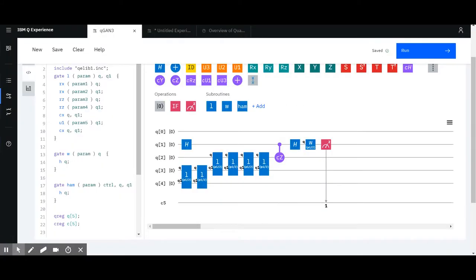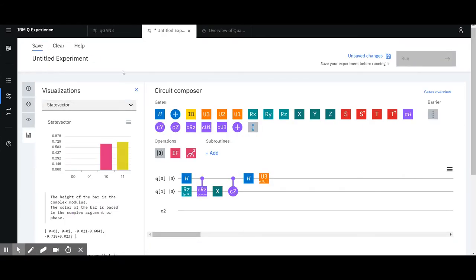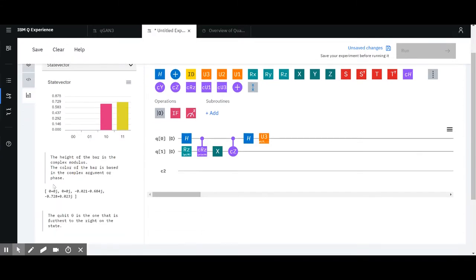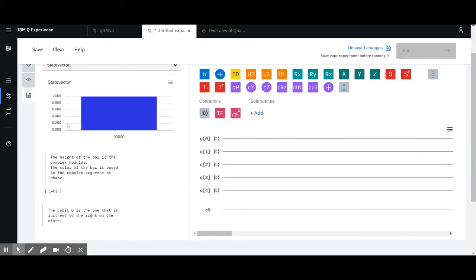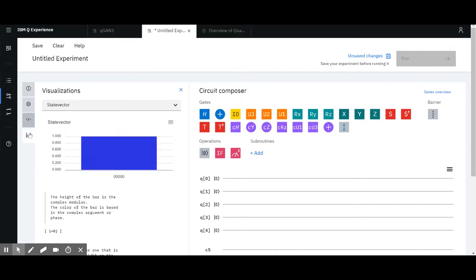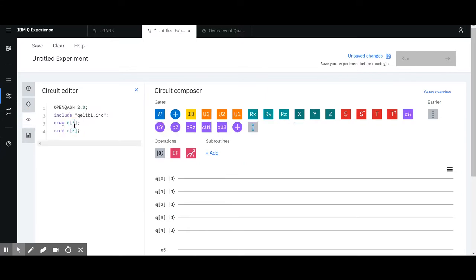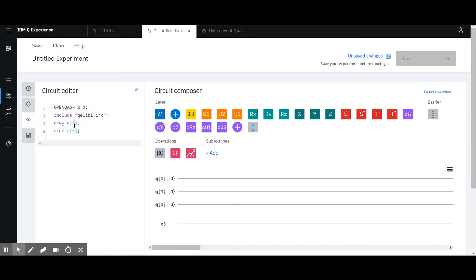I keep forgetting here. So I'm going to start a new clean one, not this. Let's clear this one out. We'll get to this later. So basically what we were doing here is building one of the layers like that.